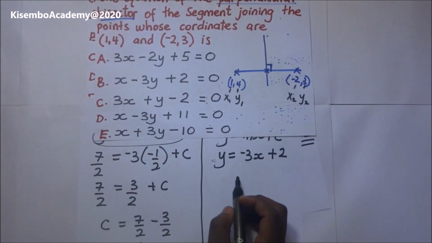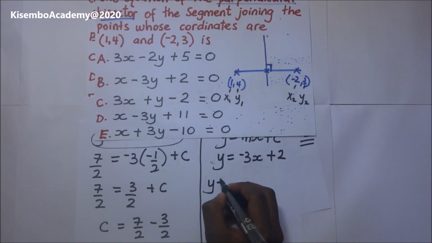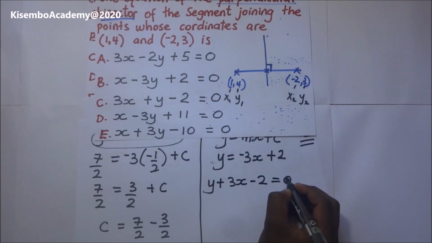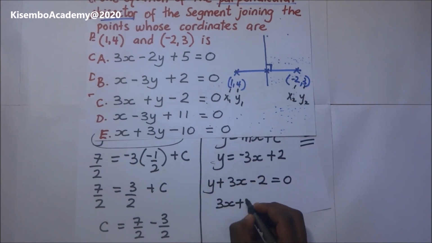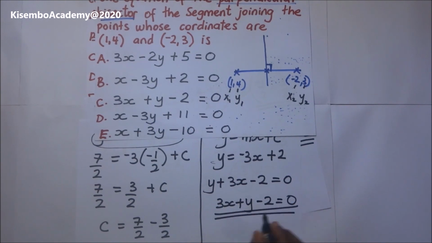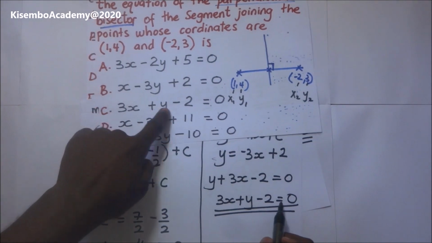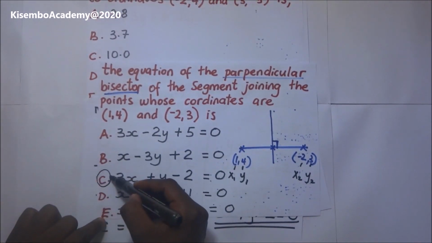So this is going to become y + 3x - 2 = 0, which is the same as 3x + y - 2 = 0. If you look at this equation, 3x + y - 2 = 0, our answer here is C.